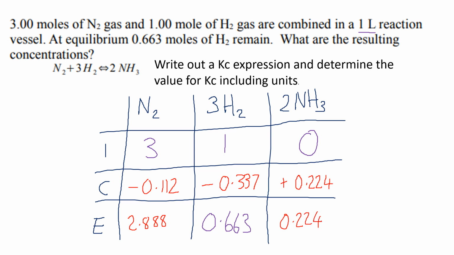Once you're through to this stage, you've done the hard work. We just need to plug it back into our Kc expression that we looked at on the previous page. So it's going to be the concentration of the ammonia squared. So it'll be 0.224 squared divided by the 2.888 times the 0.663, but that needs to be cubed.